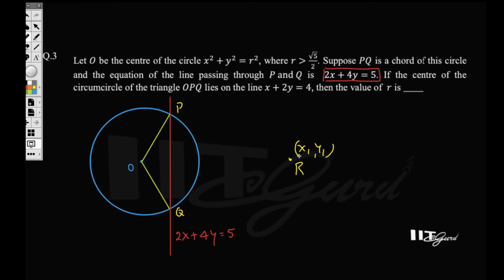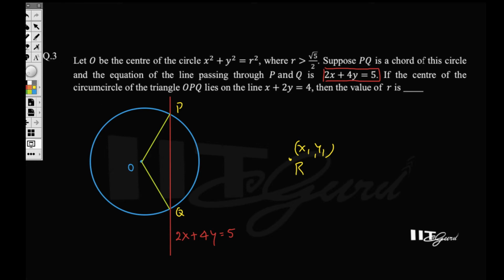If we join the points P and Q with this R, then we get the pair of tangents, and with respect to this point R, PQ will be the chord of contact, this red line. In this way, we can find the circumcenter: the midpoint of O and R will be the circumcenter.